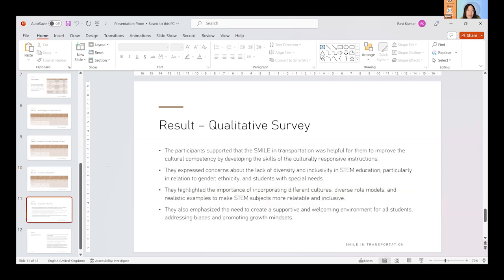And also at the end, I had some interviews with the participants, and they said that this SMILE in Transportation project was helpful for them to improve cultural competence by developing the skills of culturally responsive instruction. They also expressed concern about the lack of diversity and inclusivity in STEM education, particularly in relation to gender, ethnicity, and students with special needs.